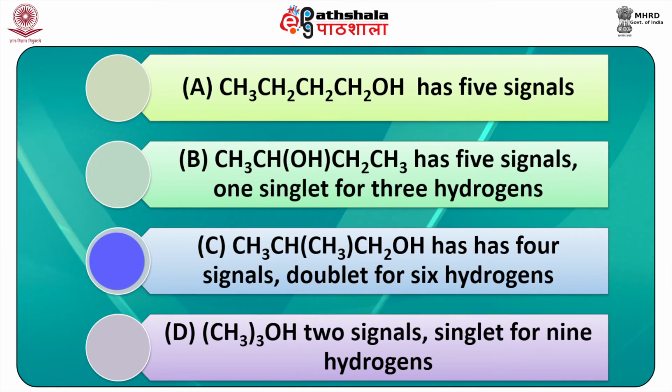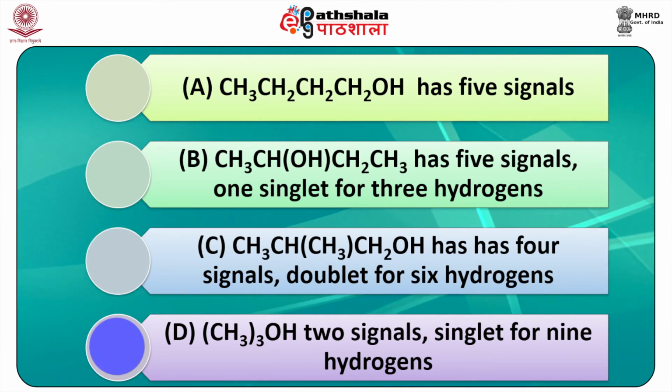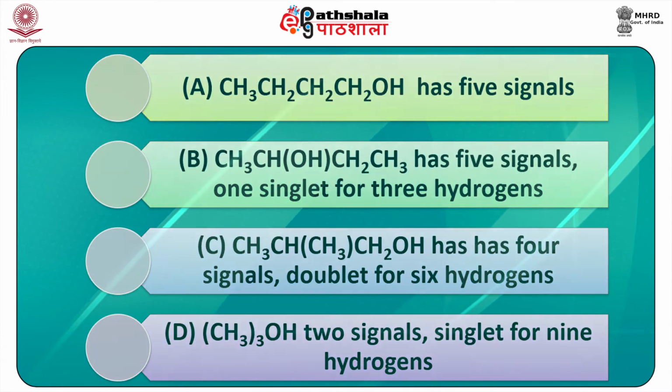The third isomer with the methyl group as a substituent, that is CH3CH(CH3)CH2OH, with the methyl group at position number 2, has 3 signals, a doublet for 6 hydrogens. (CH3)3COH shows 2 signals, a singlet for 9 hydrogens, which will be isomer number 4.